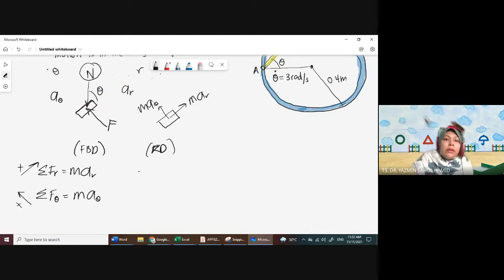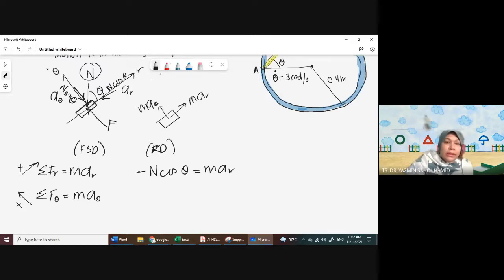Okay, let me correct that one. So, if we are pointing that way, this one will be N cos theta. Pointing this way will be N sin theta. Okay, so this is an assumption. So, it will be negative N cos theta. Okay, equals to MAR je lah.